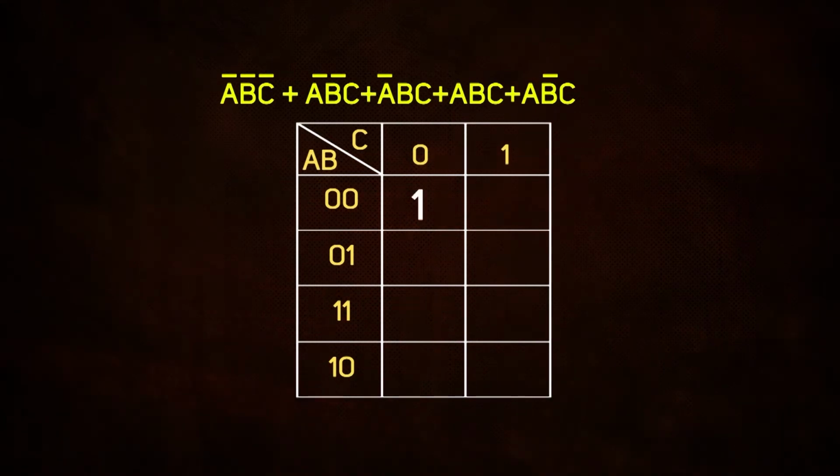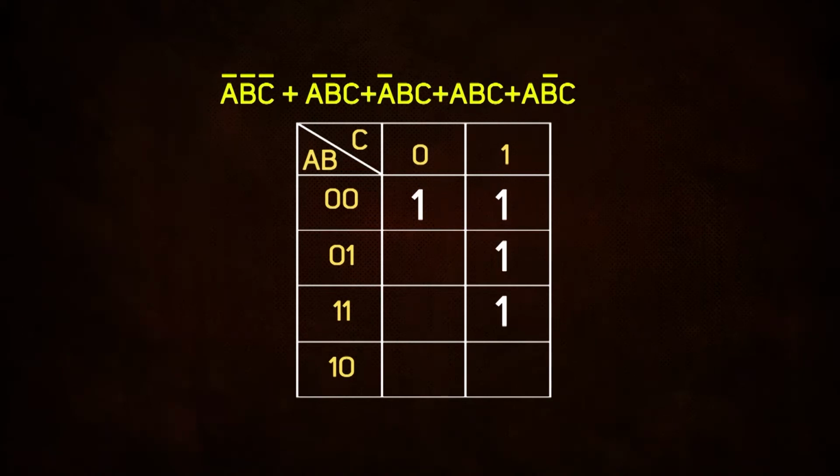Next, A complement B complement C, which refers to 0 0 1. Write 1 in the corresponding cell. Then A complement BC, that is 0 1 1. Enter 1 in that cell. Then we have ABC, which corresponds to 1 1 1, give an entry 1 to this cell.